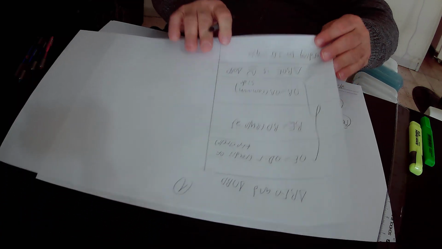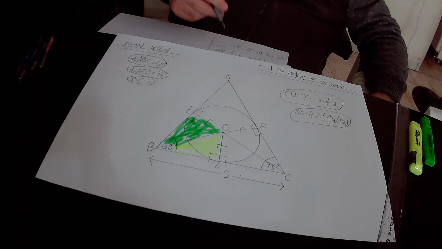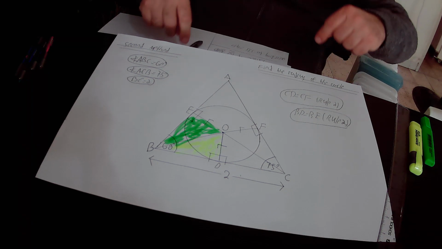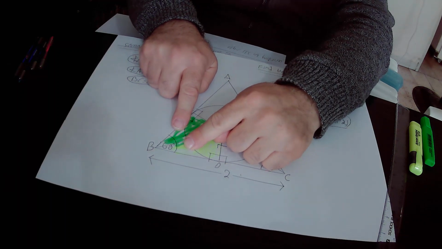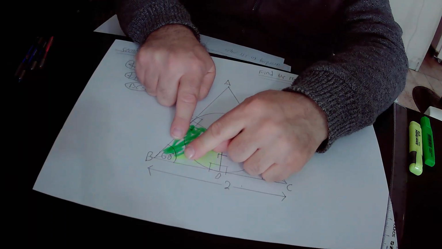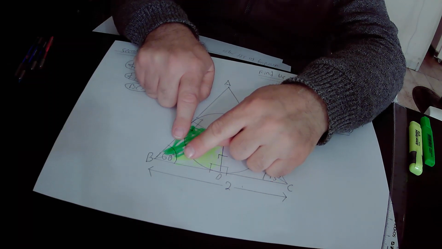And from the fact that the green triangle can go into the yellow triangle, we will derive that those two angles must also be equal to each other.